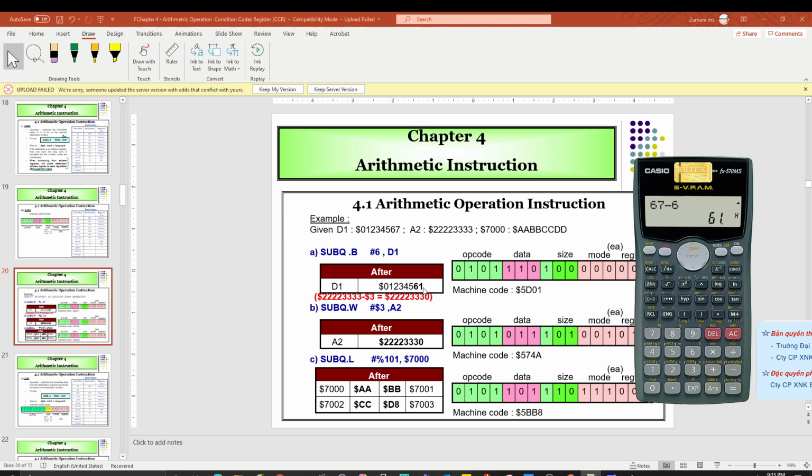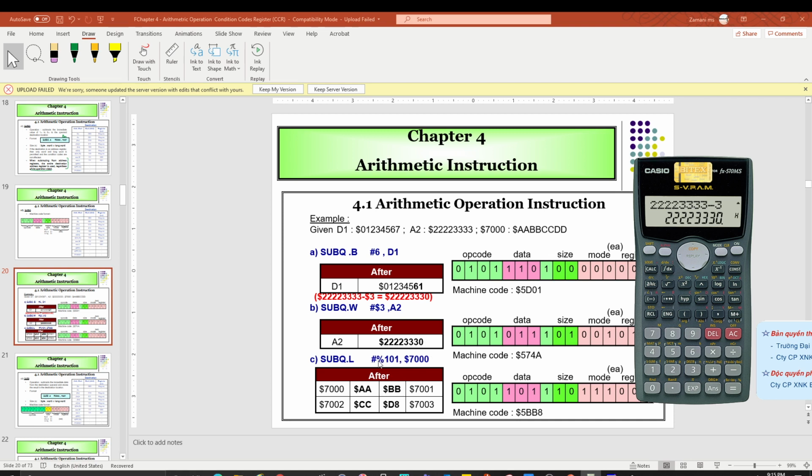Okay, now look at the second one, SUBQ.W A2, 3, because this is word size. Remember that for word size, you have to use all of the contents in the register. A2 is given all this one, 22223333 minus 3. So the answer is 22223330.